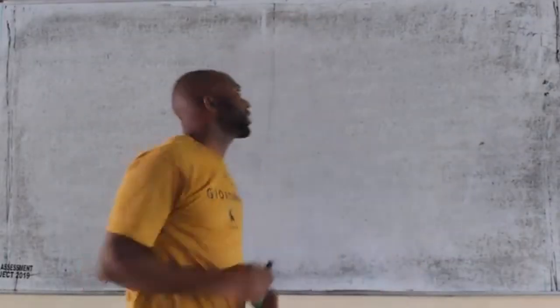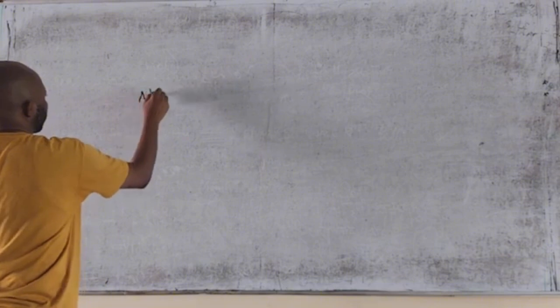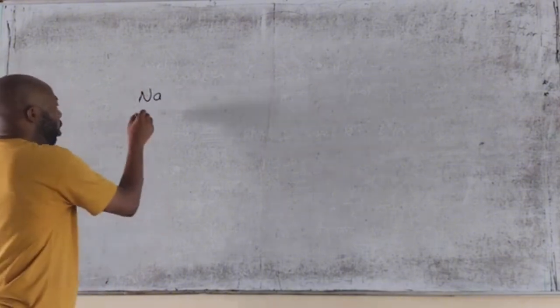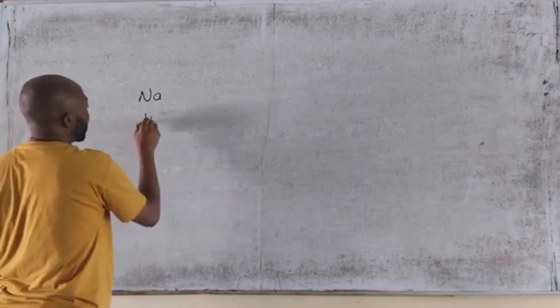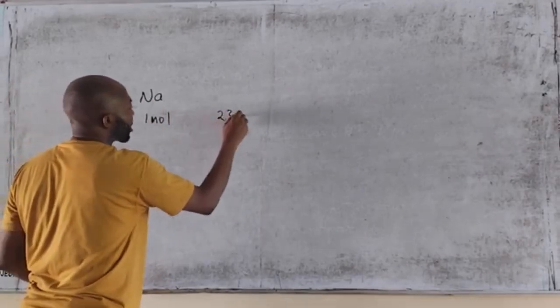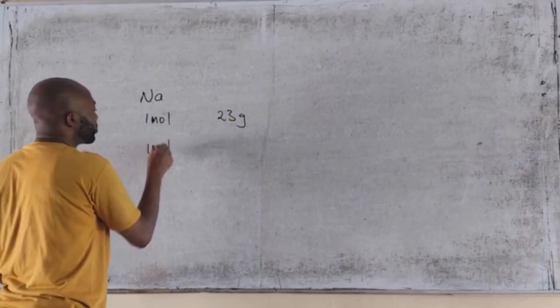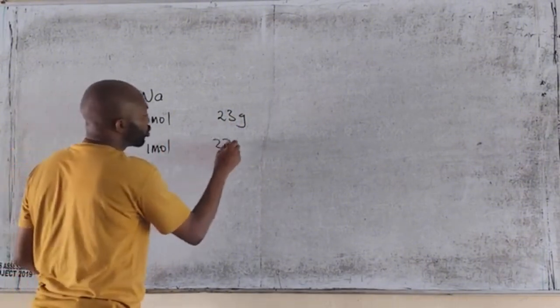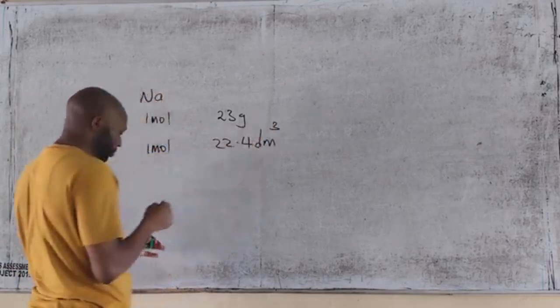Let's take, for example, sodium. 1 mole of sodium is equivalent to 23 grams of sodium. 1 mole of sodium is equivalent to 22.4 dm cube of sodium.